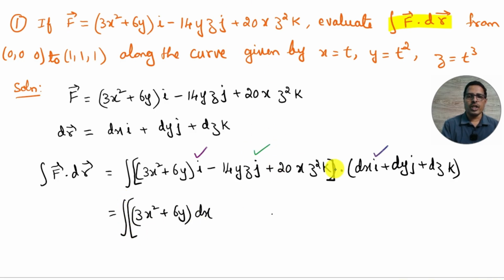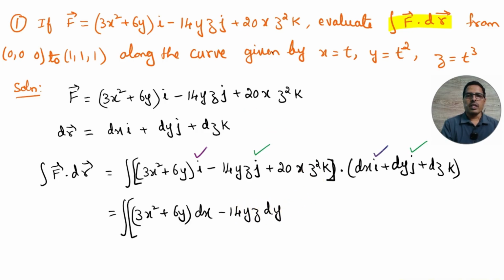So this j dot j will be 1. So you'll be left with minus into plus will be minus 14yz into dy. Then you'll be having k dot k equal to 1. This k dot k will be 1. So therefore you'll be having plus 20xz square into dz.